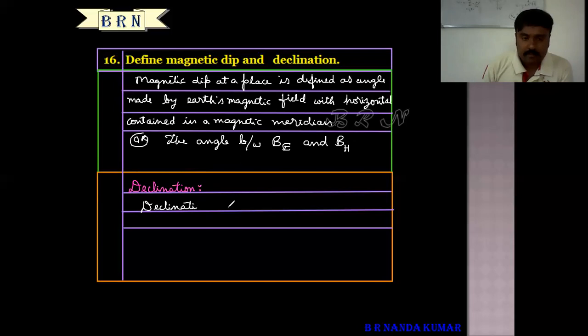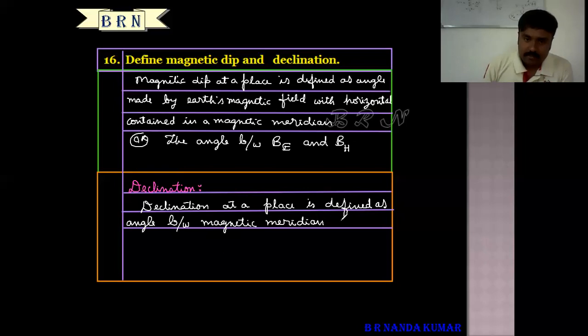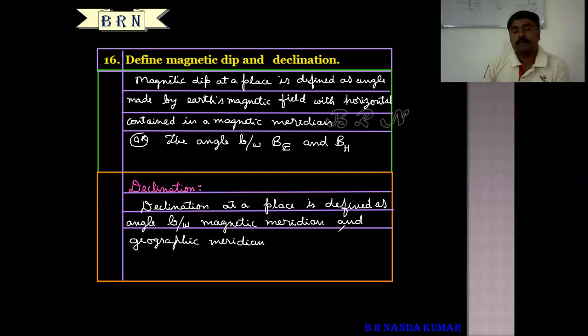Declination at a place is defined as the angle between the magnetic meridian and the geographic meridian, at that place.